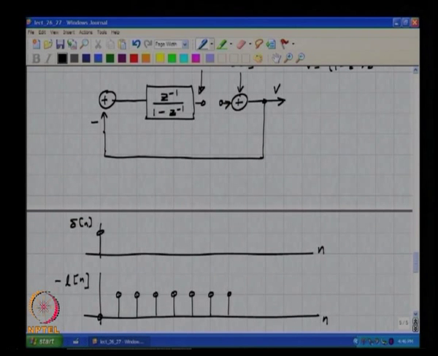So, the sequence that comes out here is minus U of n minus 1. So, I am going to avoid drawing negative samples, I will simply call this minus L of n.